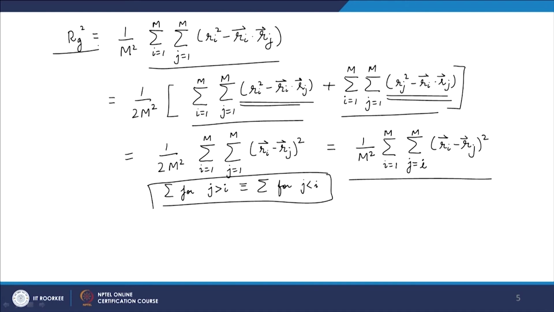Just to remind you, what we had in the beginning was, so there is an advantage of using the new expression compared to the older expression.